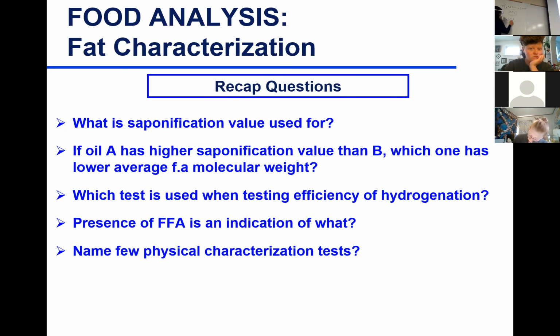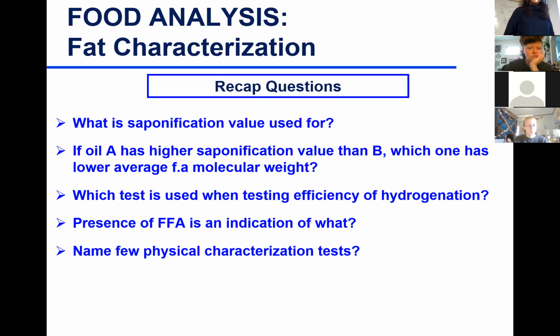So the larger the value in the denominator, the lower is this X, which is the molecular weight of the triglycerides. The smaller this value in the denominator, the larger is your X. So it's an inverse relationship. Remember it whichever way is easier for you.